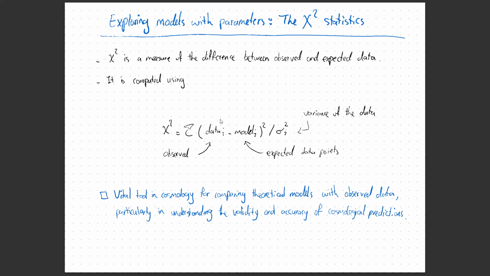If it's too big, it means that the model is not doing well predicting the observed data. If it's too small, it may be because we are overfitting, meaning having so many parameters.